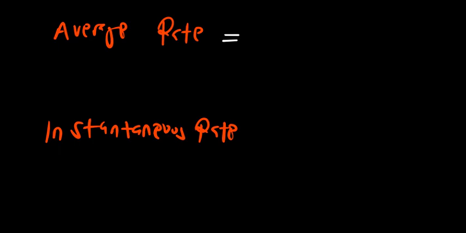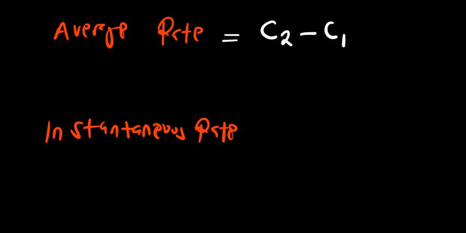So we're saying rate is equal to the change in concentration over the time, right? But now this concentration, you're going to have an initial concentration when the reaction is starting and the final concentration. So you're going to subtract the final concentration, which I'll just abbreviate as C2, minus the initial concentration.